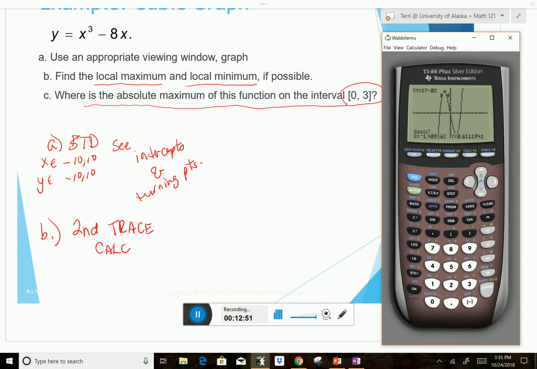I have to go through every one of these steps. And then my real maximum is at x equals negative 1.633 and y is 8.709. So this is the local max.